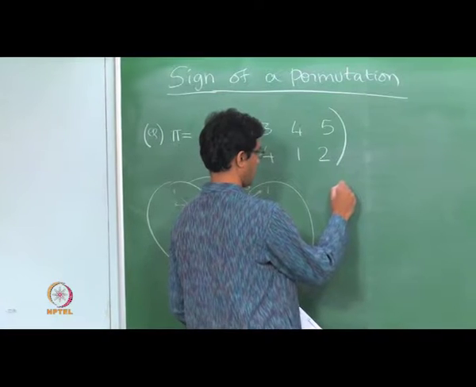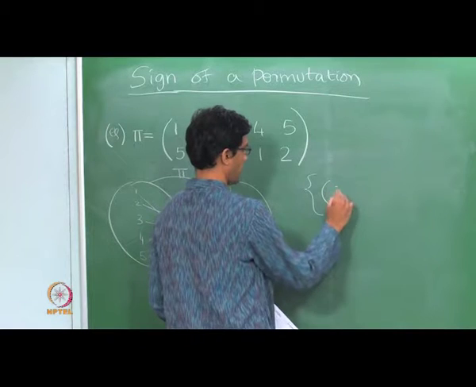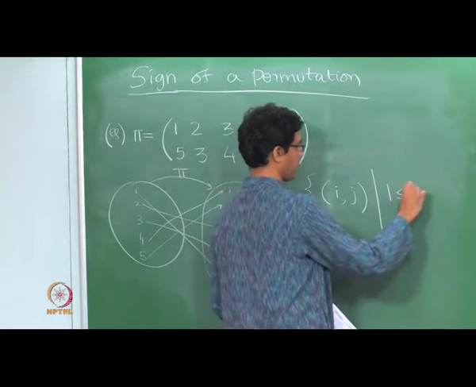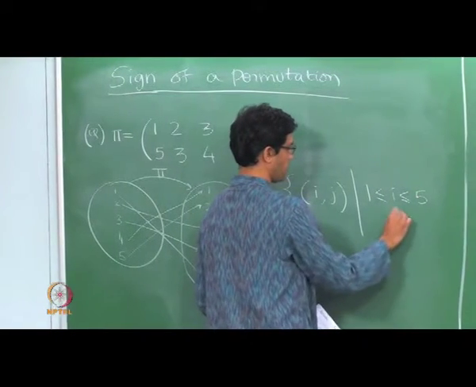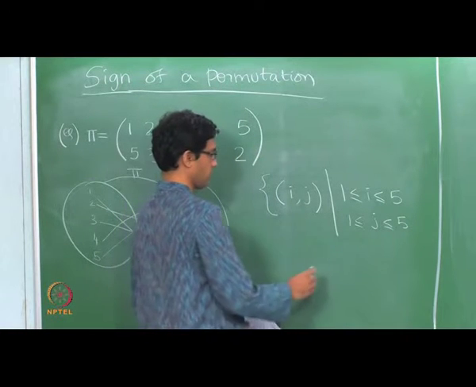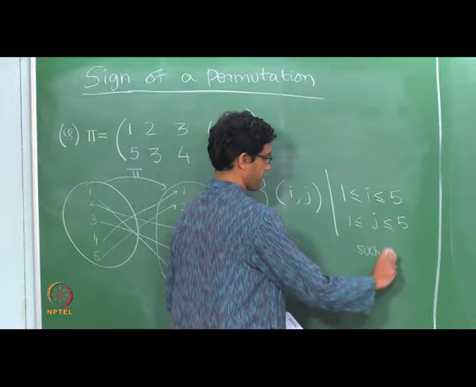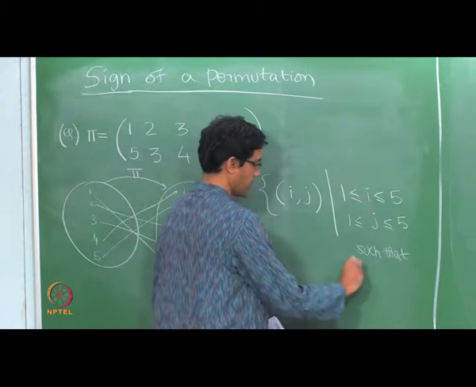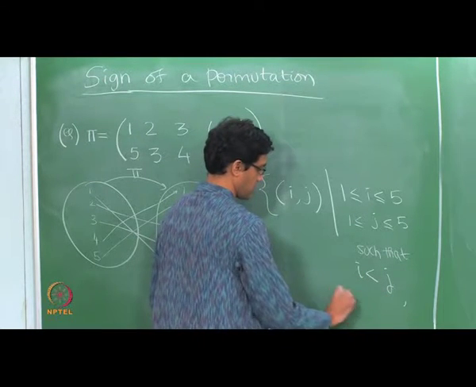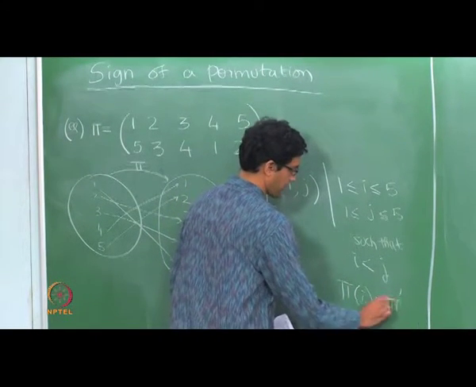Now let us consider the following set. Let us look at all these pairs i, j. Now what are i and j? Well, i is a number between 1 and 5, j is a number between 1 and 5, such that i is strictly smaller than j, but the image of i under this permutation, pi of i, is strictly bigger than pi of j.